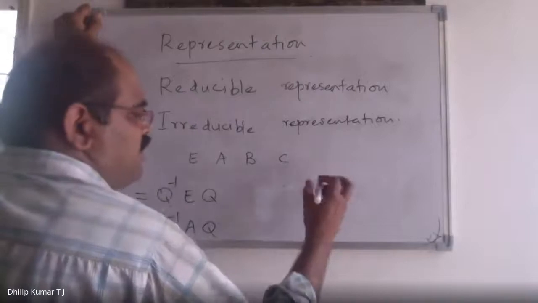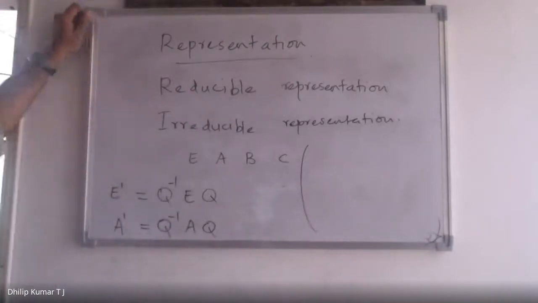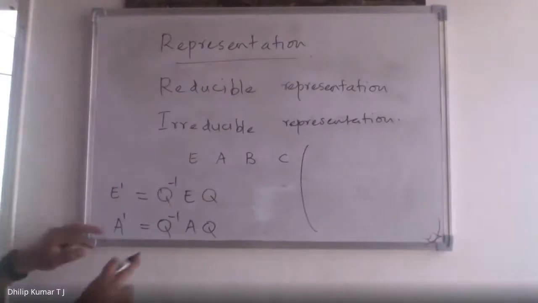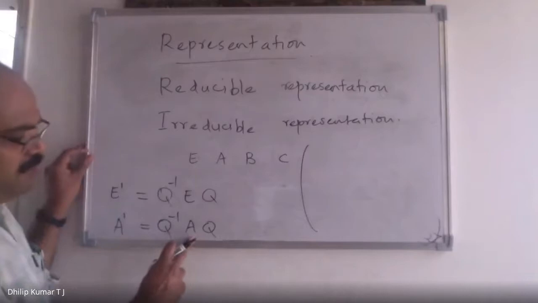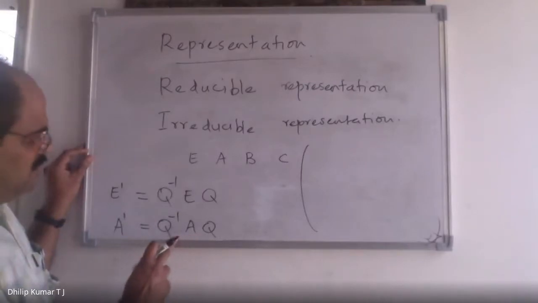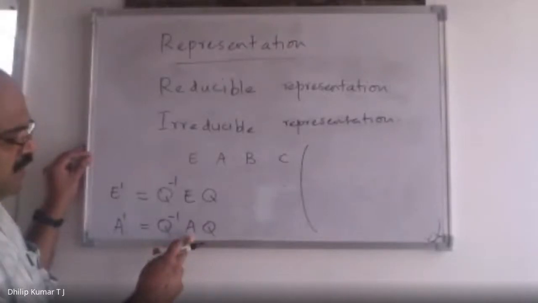And say you have a matrix of this one. Basically, if you have E, we just neglect it, but A you consider, and perform a similarity transformation with respect to Q. Then you transform A into A prime.